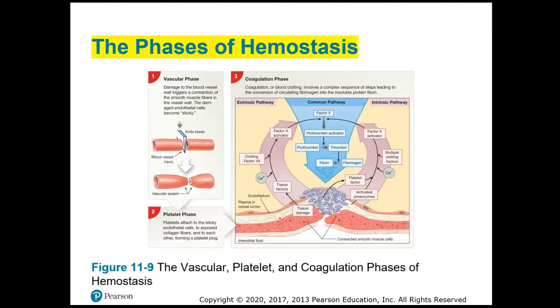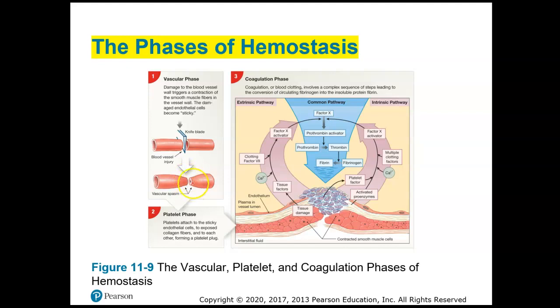So we're going to skip the notes, but I'm just going to show you here. The vascular phase begins when you have damage to a blood vessel. Possibly you were stabbed, or you cut yourself with a knife when you were doing food prep in your kitchen. But it triggers a contraction of the smooth muscle fibers in the blood vessel wall, and those damaged endothelial cells, which endothelium is the lining of the blood vessel, become sticky.